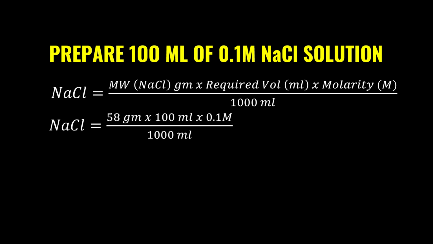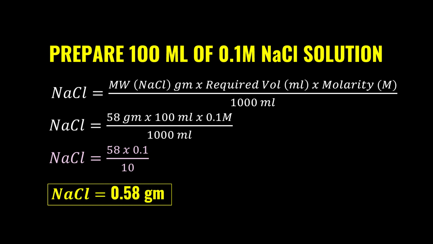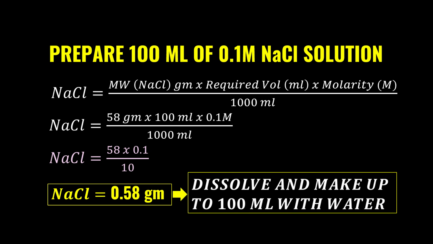So you put these values here, ml will be cancelled out, and it comes out to be 0.58 gram. So you weigh 0.58 gram of sodium chloride, dissolve and make up 100 ml with water.